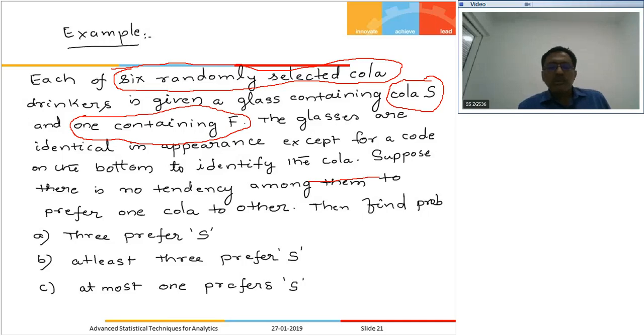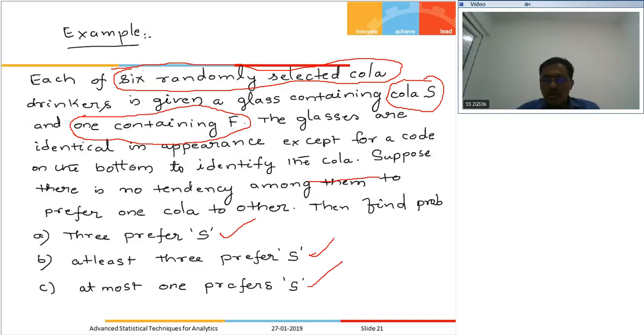Then what is the probability that out of 6, exactly 3 prefer yes, at least 3 prefer yes, at most 1 prefers yes? Yes means the glass containing the first type of cola.